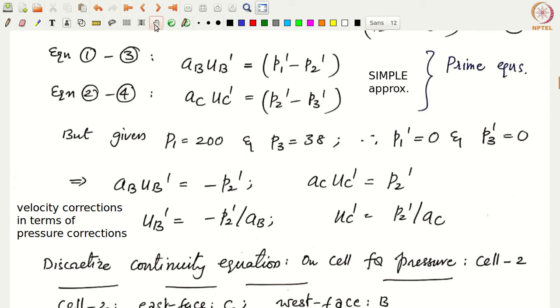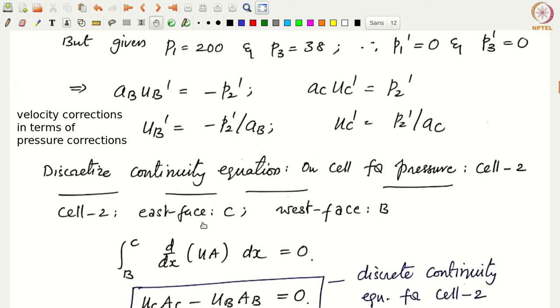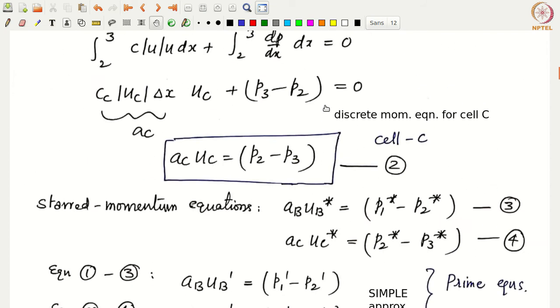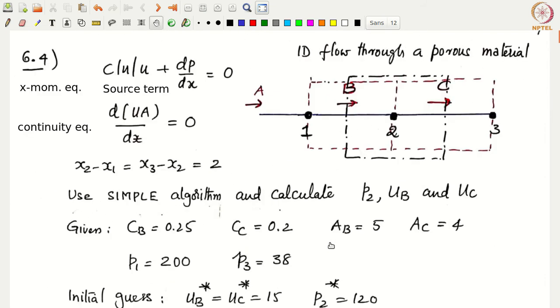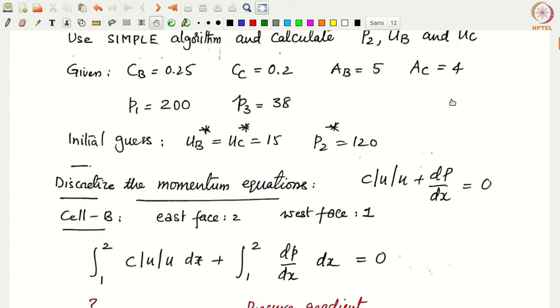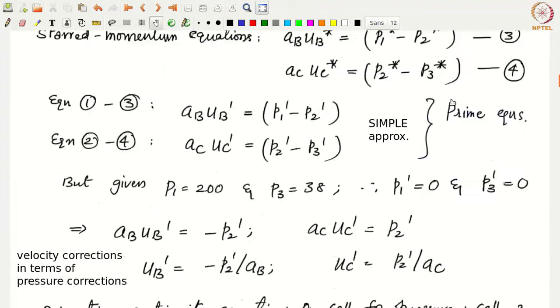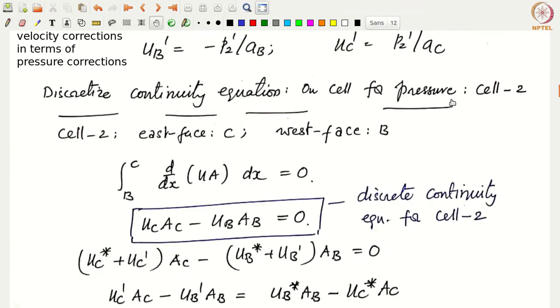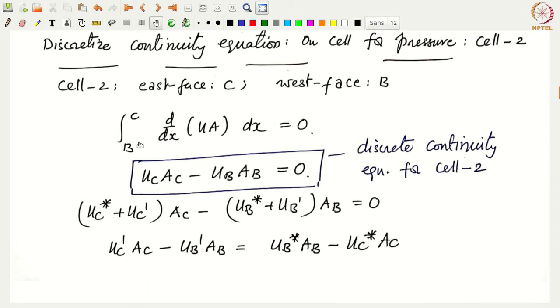Okay. So if you look at cell 2, the faces that we have are B on the left hand side and C on the right hand side. So if you go back, for pressure cell 2, that is this black cell, the faces are B to C. Essentially we will integrate the continuity equation from B to C, and the continuity equation is given as d by dx of UA equals 0.